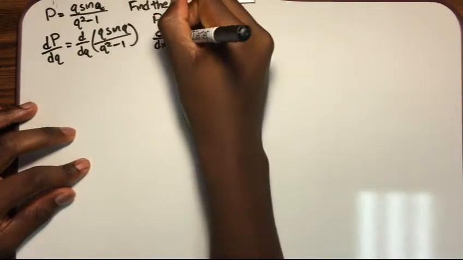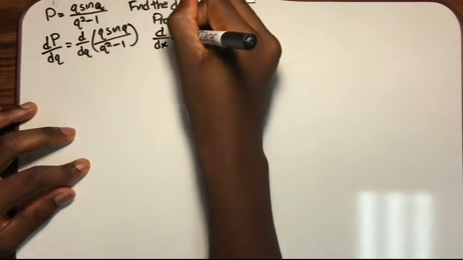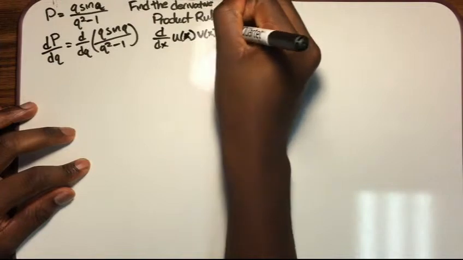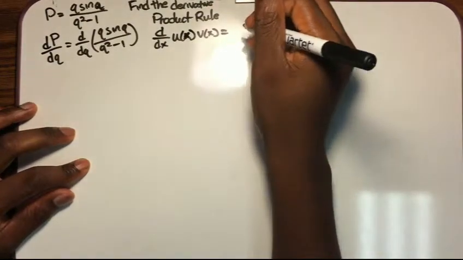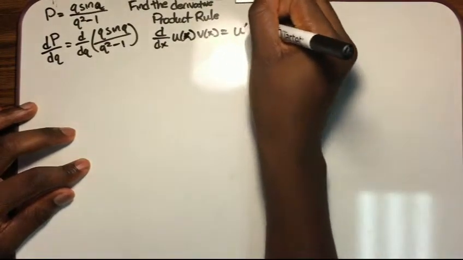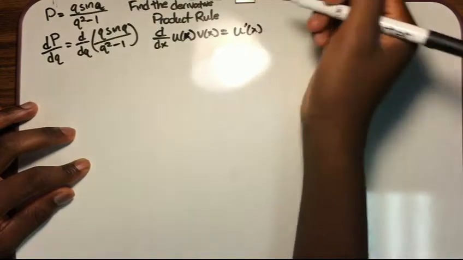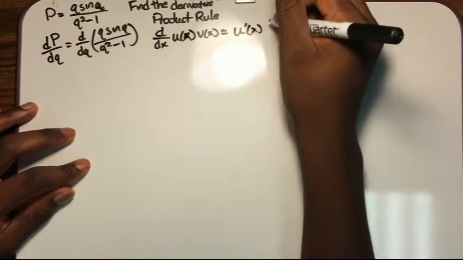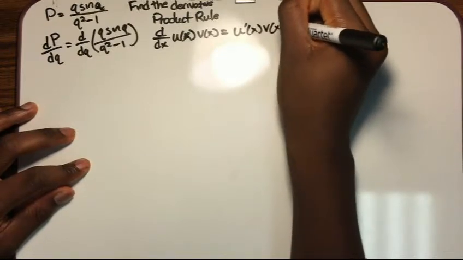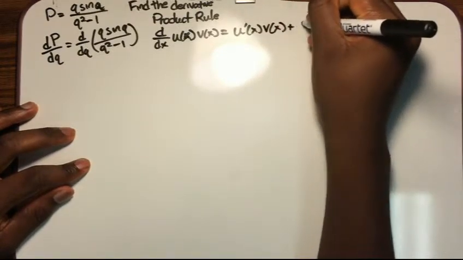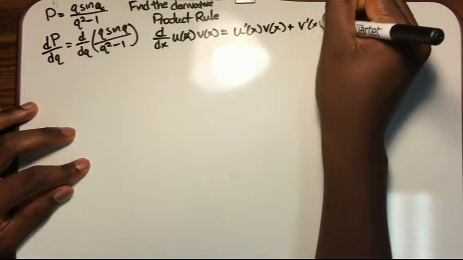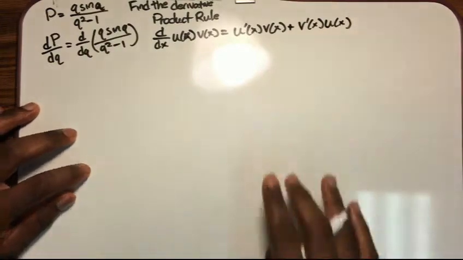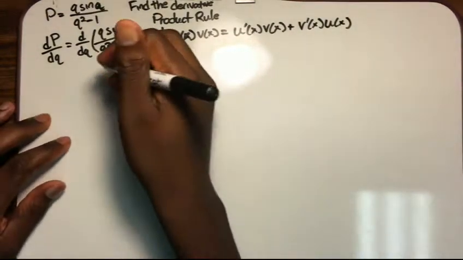If you want to take the derivative, let's say d/dx of u of x times v of x, this will equal u prime of x, using Newton's notation, u prime of x times v of x plus v prime of x times u of x.